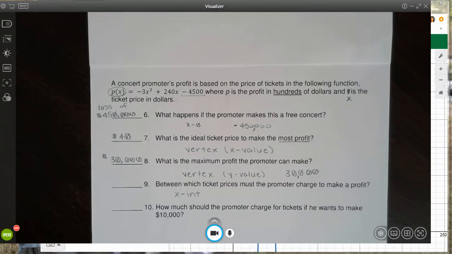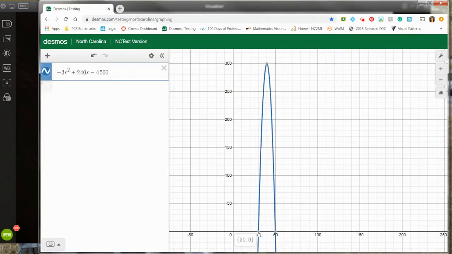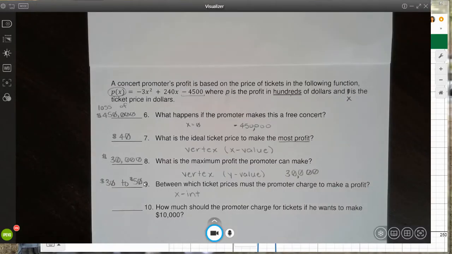If I charge between these two prices right here, it would be all of this part of the curve where I would be making profit because my y-value is bigger than 0. So I would need to charge between $30 and $50. Now I cannot include $30 and $50 because that would give me a profit of 0, and we want to make a profit. So between $30 and $50 is going to give us a profit.